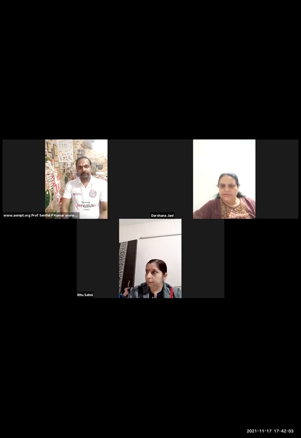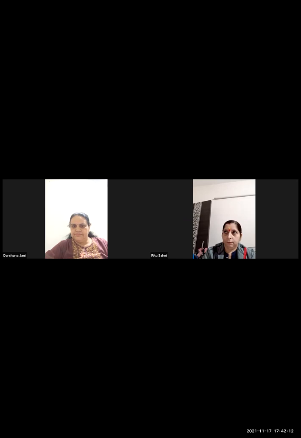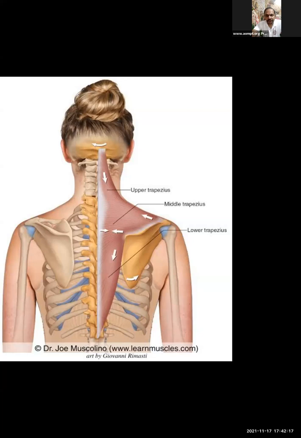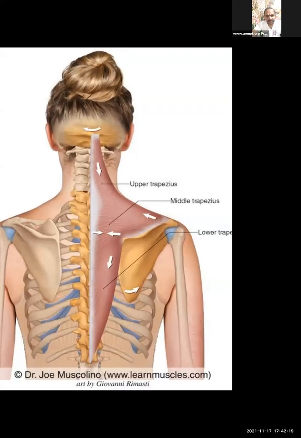Of course, we have pictures. I can even share some of the pictures I got from the net. This is to show the upper trapezius.